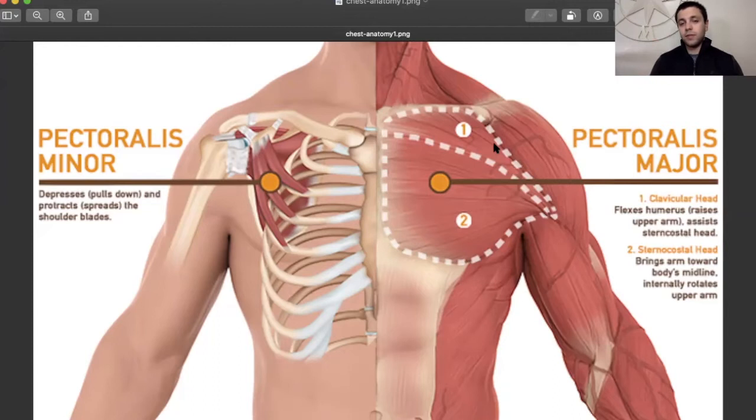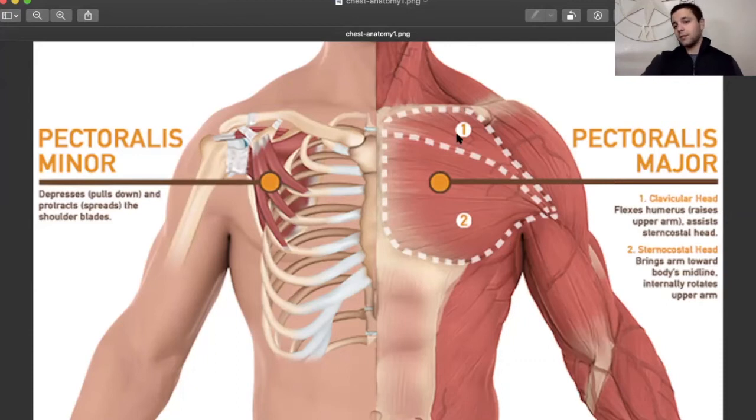Most often, people call the clavicular fibers of the pec major the pectoralis minor, and they call the muscle fibers of the sternal origin either the pec major or the lower fibers, or whatever it may be. That's where a lot of the confusion is: the pectoralis major has two different heads, or two different starting points.